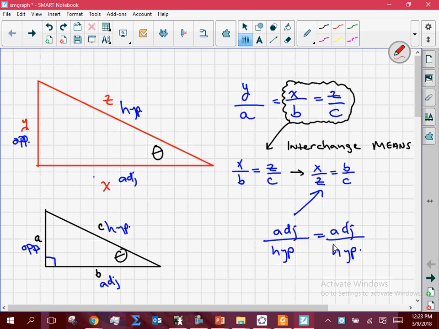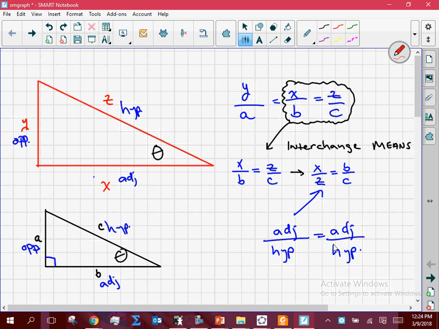Now, as long as we keep theta the same, because that's the only variable in those two triangles that is shared by both triangles, right? X, Y, Z, A, B, and C are all different. As long as theta is the same, adjacent divided by hypotenuse of X and Z is equal to adjacent divided by hypotenuse of B and C.